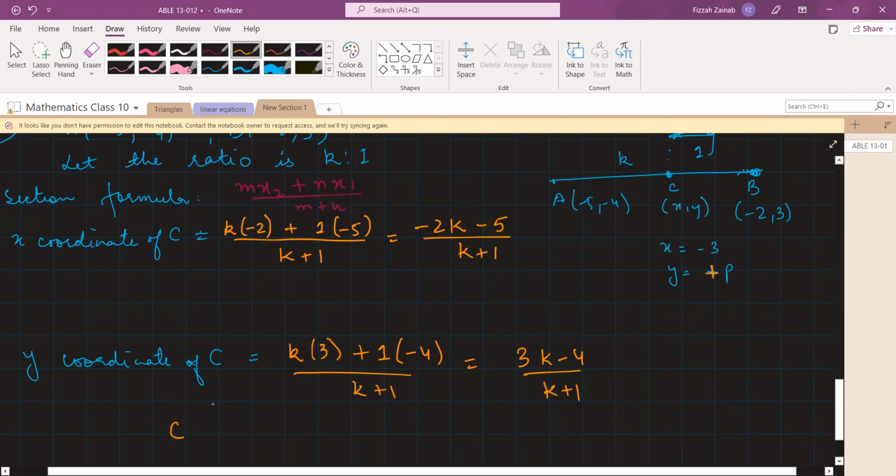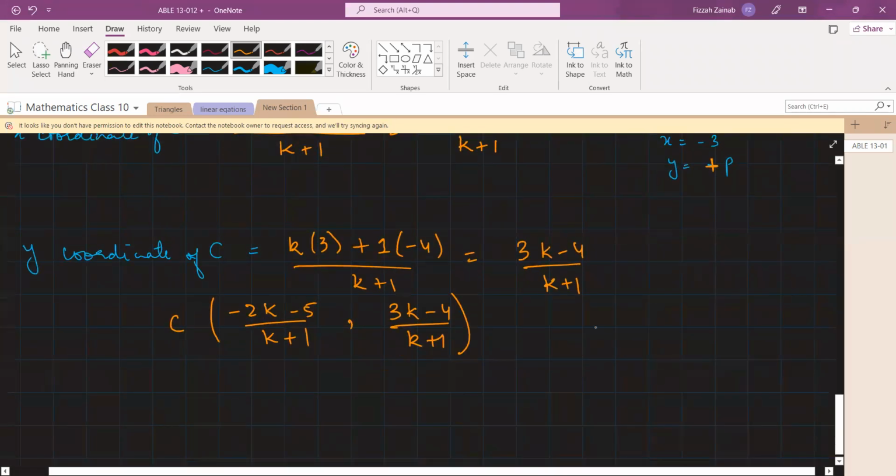So basically the coordinates of C are finally (-2k - 5) upon (k + 1). Now the coordinates of C are given in the question as (-3, p). So that means (-2k - 5) upon (k + 1) is equal to -3.